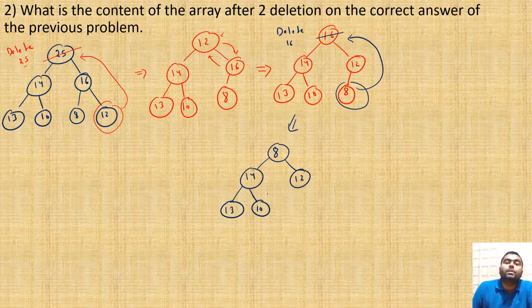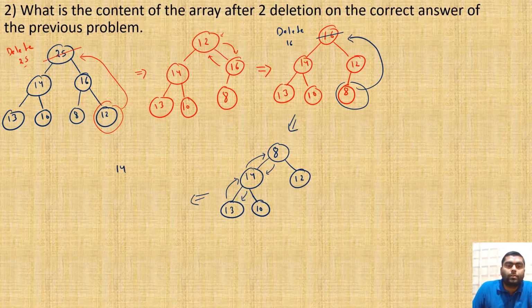Okay, now observe very carefully, it is not a max heap. For the max heap, we take the maximum of left and right, which is 14, so 14 will come over here. And 13 also comes over here. This and this will be replaced. Okay, so what will be the resultant?